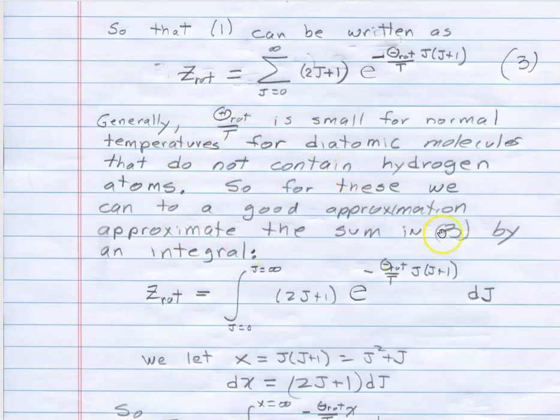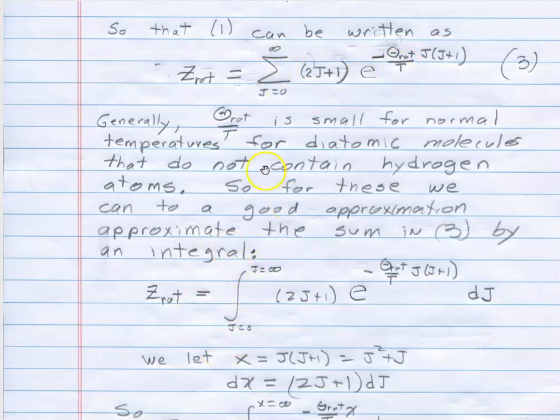Around room temperature type conditions, or even fairly high above that, we can do like we've done before for these conditions, and we have the sum, and since this is a very, very small number, then basically we can turn this discrete sum into a continuous sum or an integral.